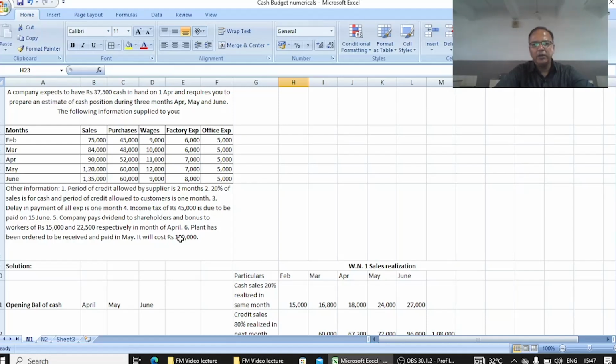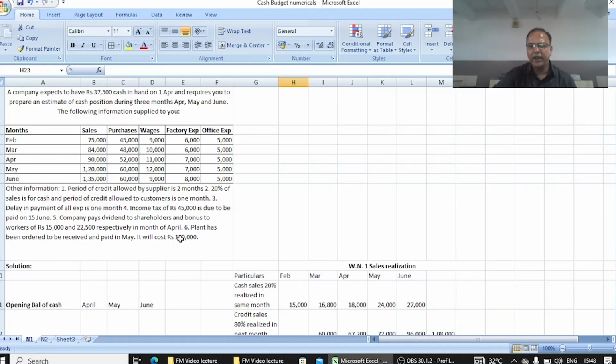Whenever we do any type of accounting, normally it is done on accrual basis. Whenever we have to do any type of entry or prepare any statement in financial accounting, we have to follow the accrual concept.